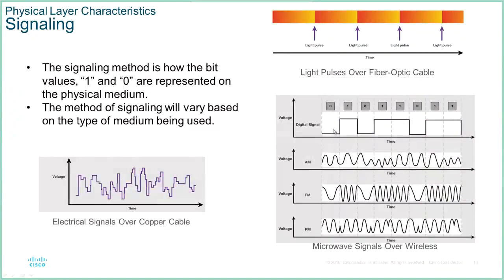Now, the way signaling works is we have a base carrier normally, which we then impose the signal on top of to get transport. Okay, so when you plug in a cable, within a few seconds the cable indicator lights turn green.